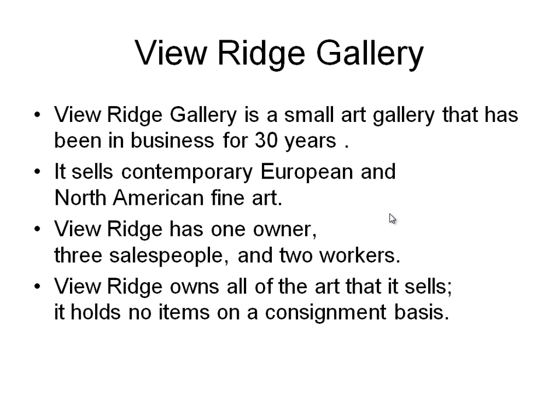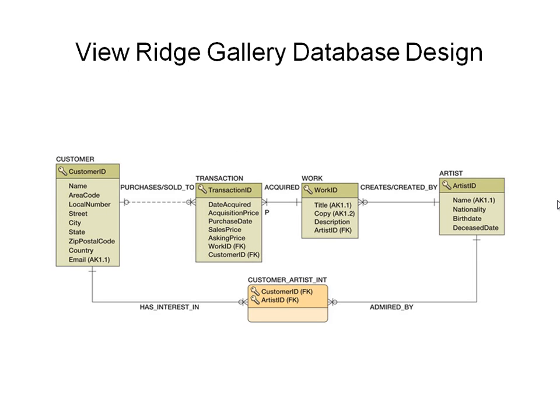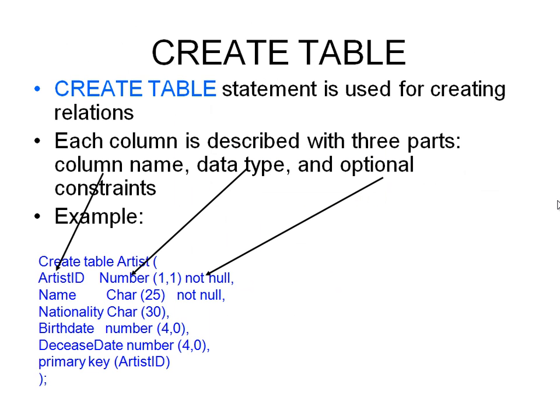They sell art, usually contemporary European and North American fine art. They've been in business for the past 30 years. They have the information scattered. We did for them the model and design, and now we are converting that design into code. And we started writing the code for the first table, which is the artist table.